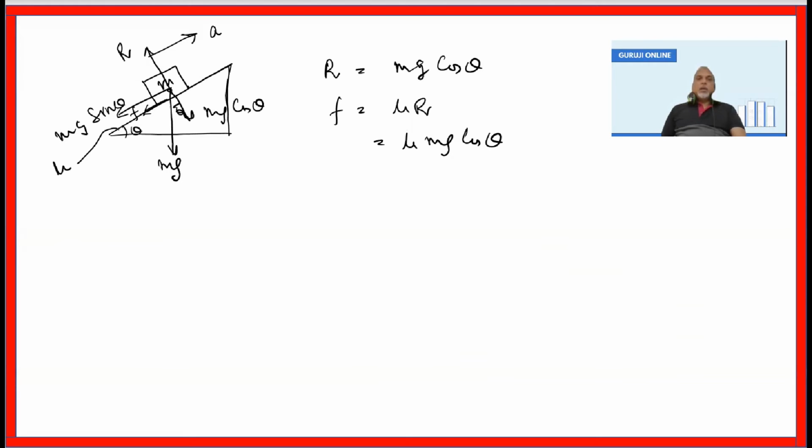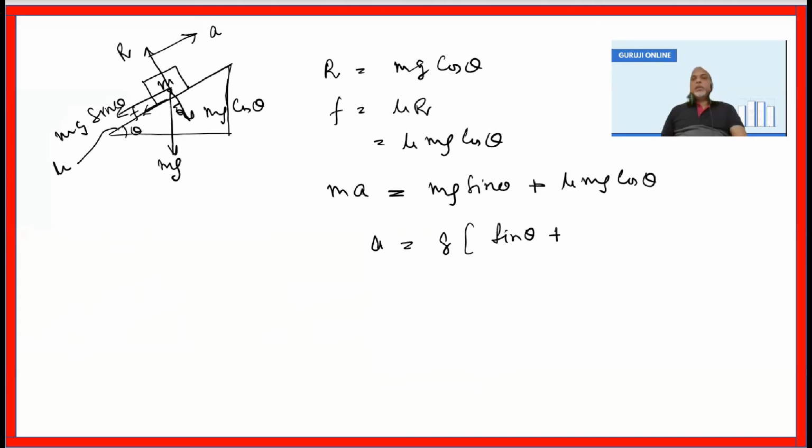Since the block is moving upwards, that means your MA must be equal to mg sin theta plus F, because now mg sin theta and F are in the same direction, acting downwards. So that means A will now be g sin theta plus mu g cos theta when the block is moving up. Correct?